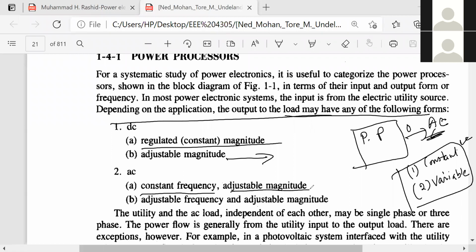Frequency could be constant, but you may want variable magnitude in your output, or you may want to change the frequency as well as the magnitude. In power electronics this is very much used, like in electric vehicles, or in the electric train, where they change the frequency as well as the magnitude.